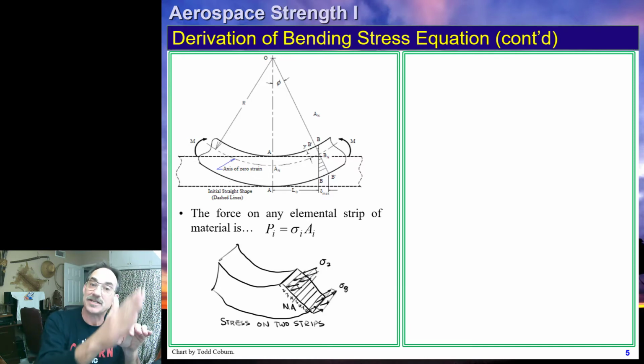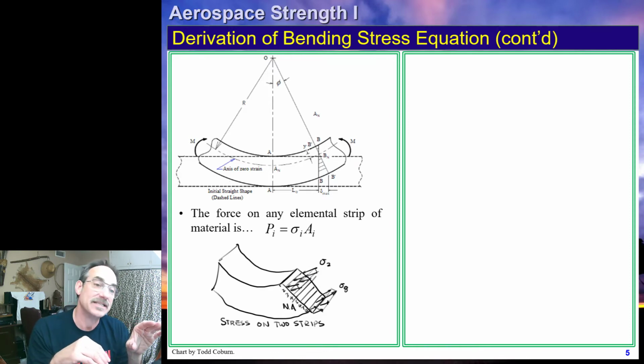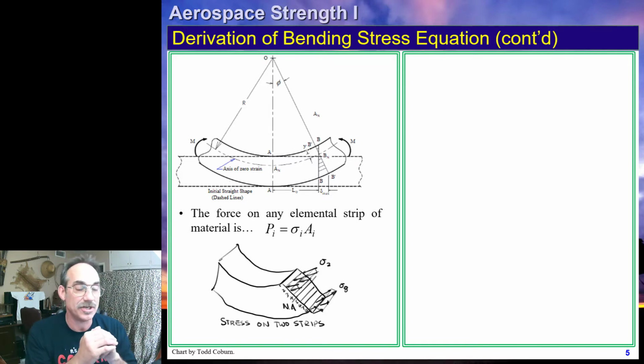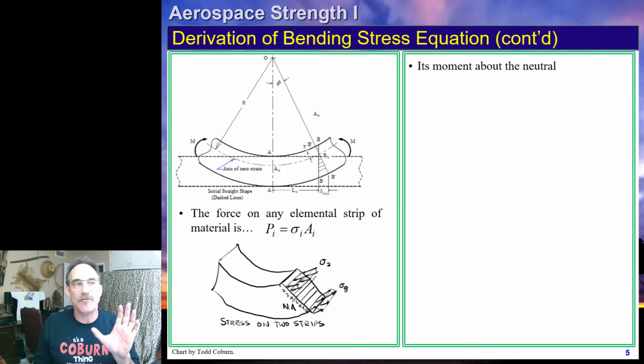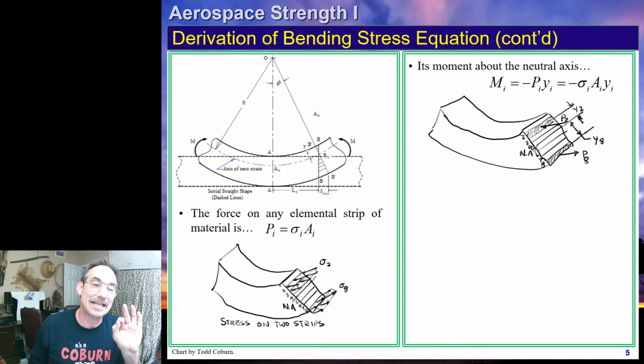We see there's a stress distribution along here, but if we look at just one strip, on the second strip our stress is sigma 2, and on the last strip our stress is sigma 8. Sigma 2 is in compression. Sigma 8 is in tension. So if you understand that, we can say the force on that strip is just the stress times that little unit area, which is just the width times whatever that little delta h is.